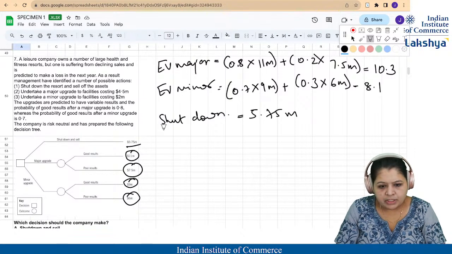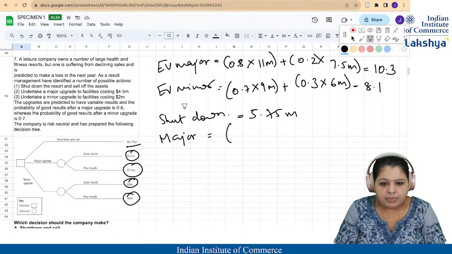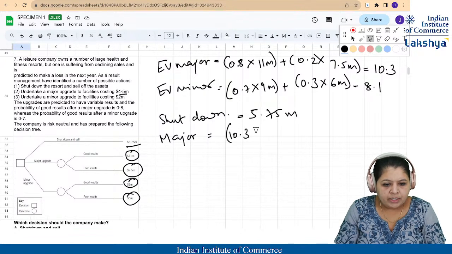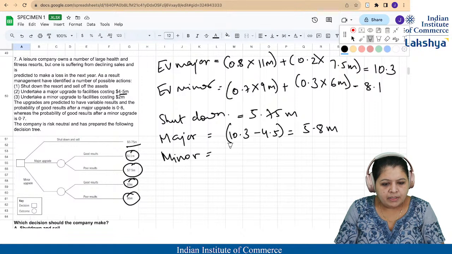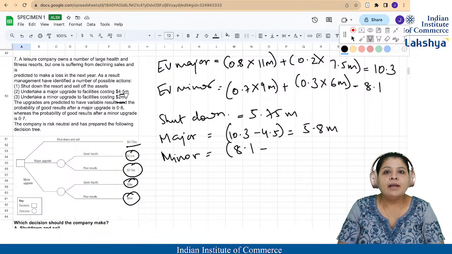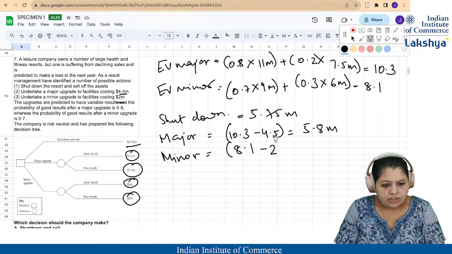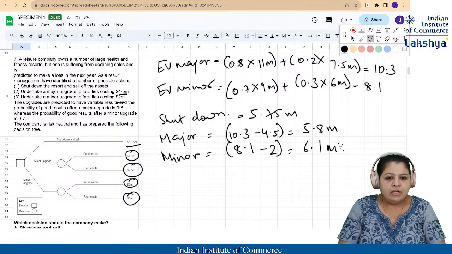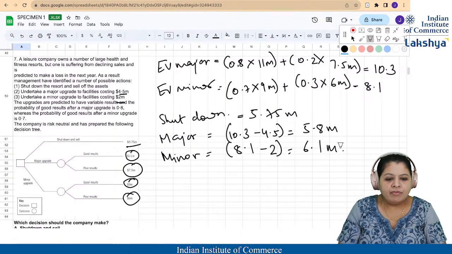The next option is the major upgrade. If the company does a major upgrade, the value is 10.3 minus 4.5, which comes to 5.8 million. And the last one is the minor upgrade, which is 8.1 minus the 2 million required for the cost, so that comes to 6.1 million. Now the company has all the options available for the shutdown, the major, and the minor upgrade.